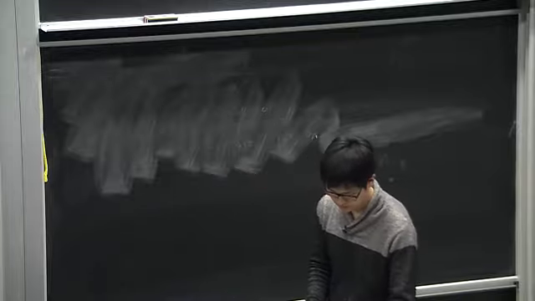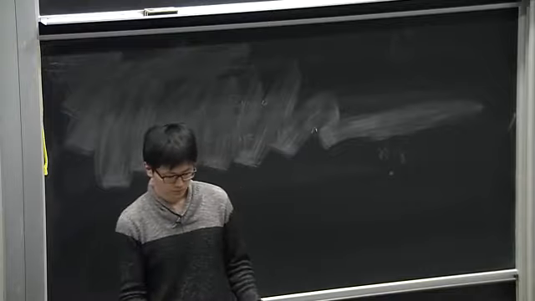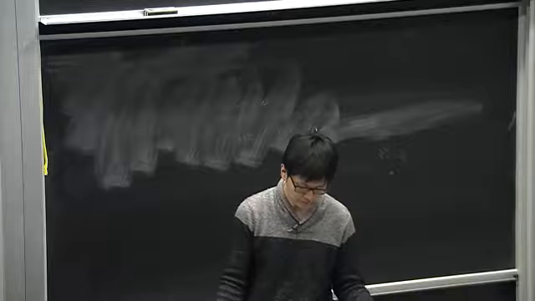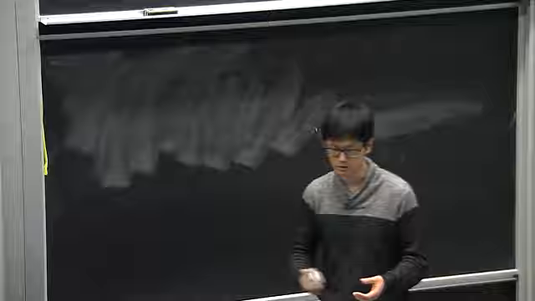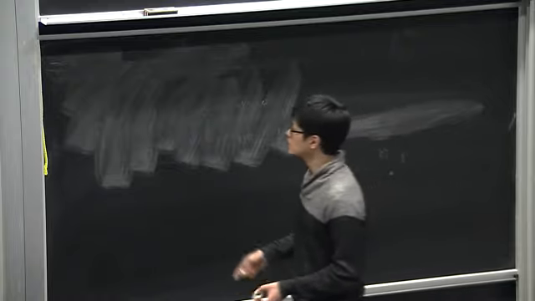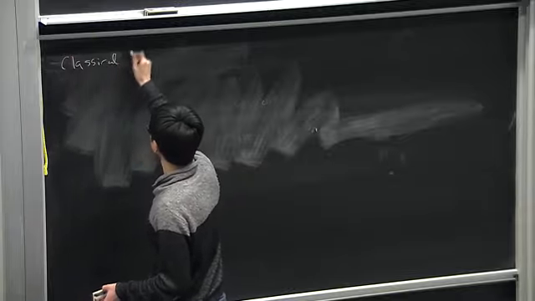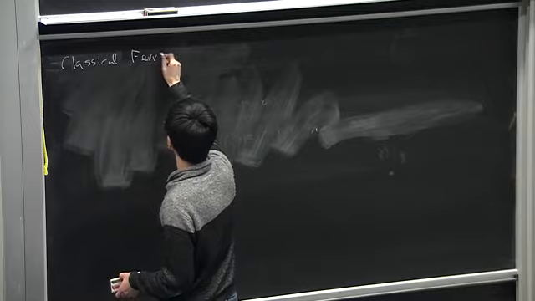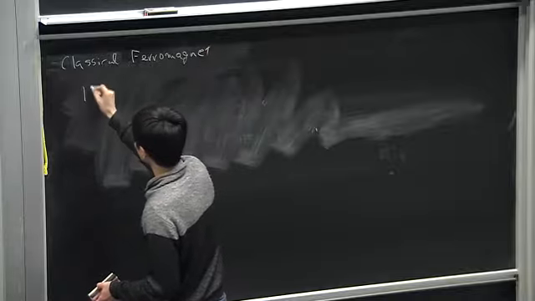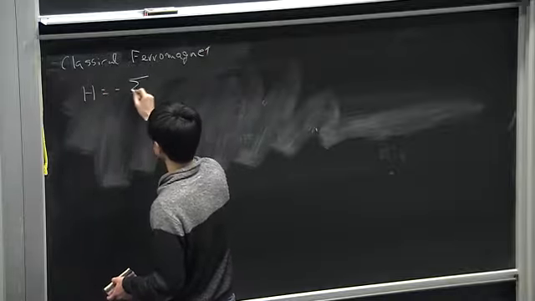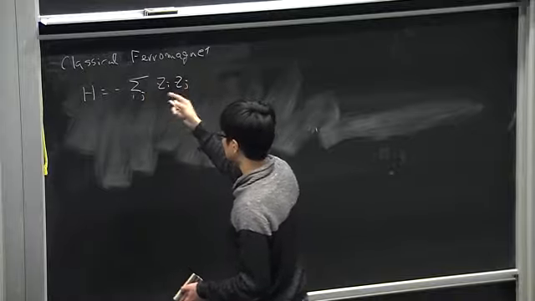So let us again briefly remind ourselves about the classical memory, such as classical ferromagnet. So the Hamiltonian of the classical ferromagnet, or just Ising model, can be written in the following way.